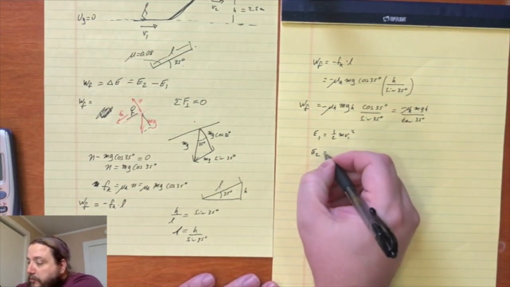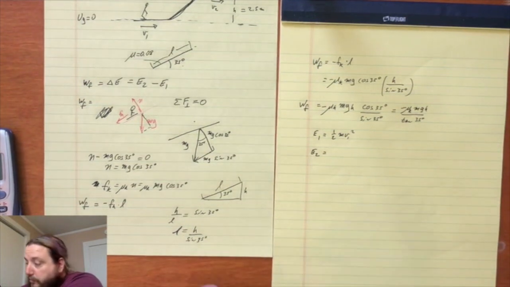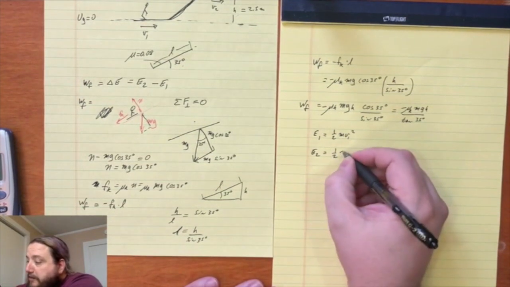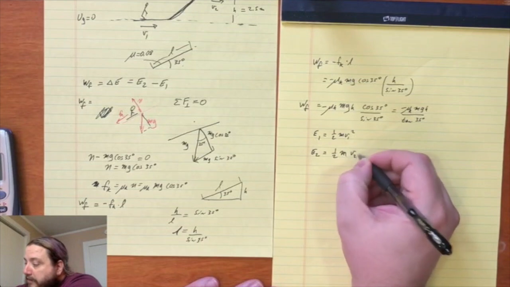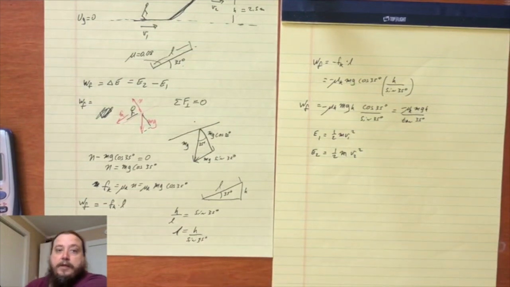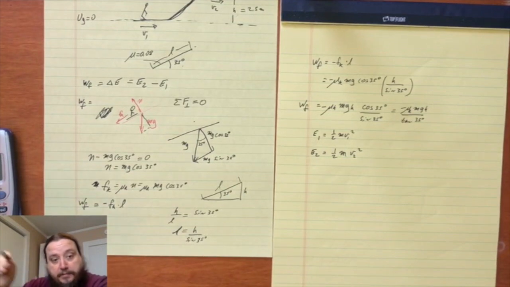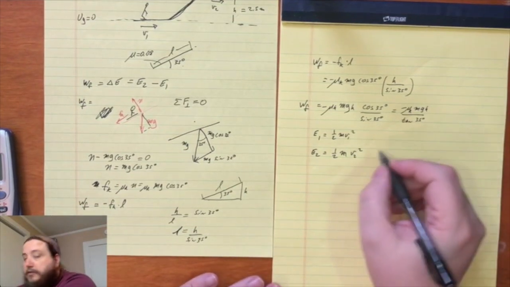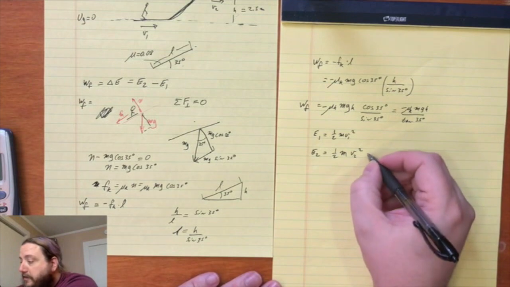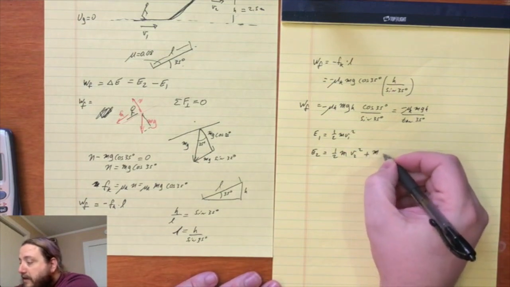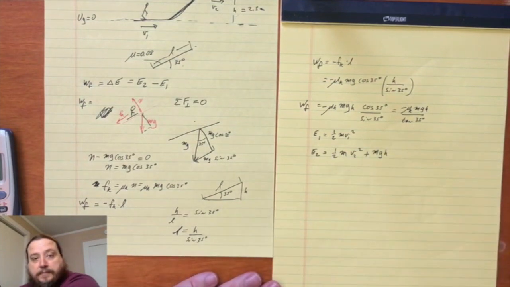At moment 2, we're still moving, so we have some amount of kinetic energy, 1/2 mv2 squared. But now she's at a different altitude. She's moved up the hill, and so she has some gravitational potential energy, plus mgh.